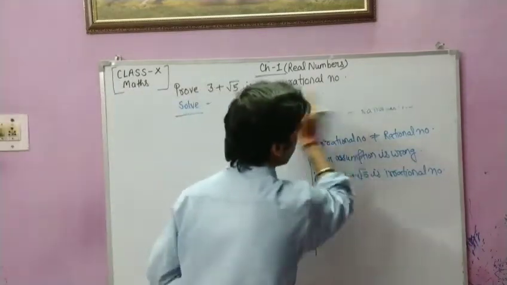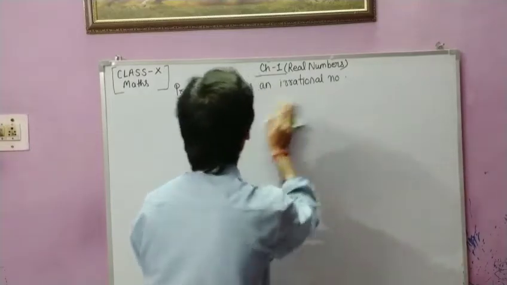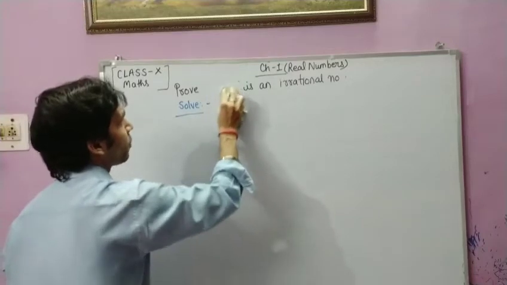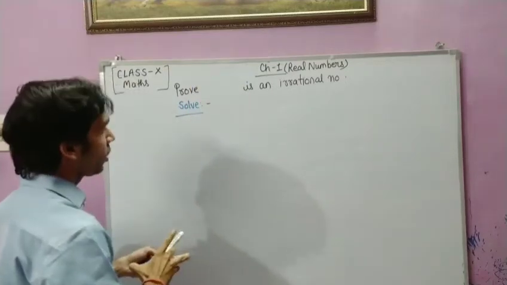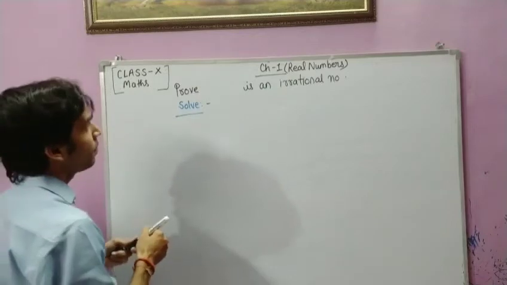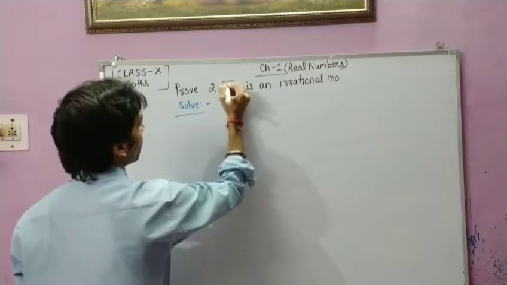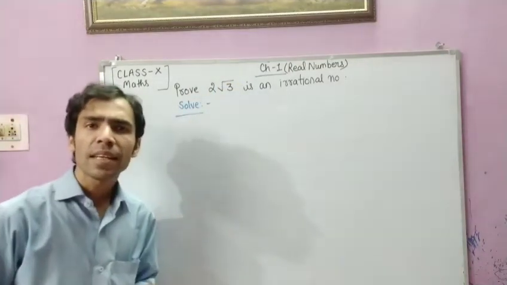Now suppose, student, you got this type of question. Suppose in place of 3 plus root 5 I have written 2 root 3. See, 2 is a rational number and root 3 is an irrational number.